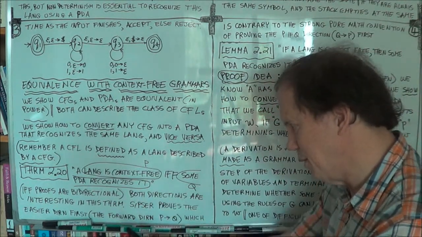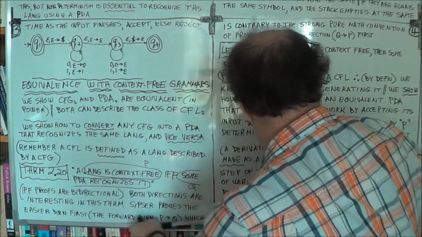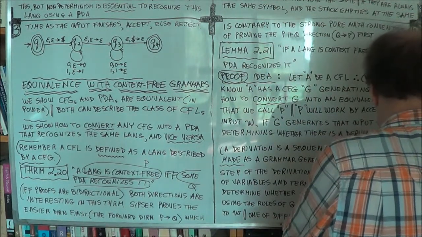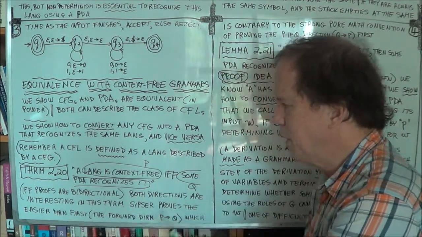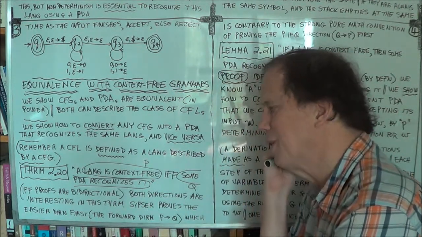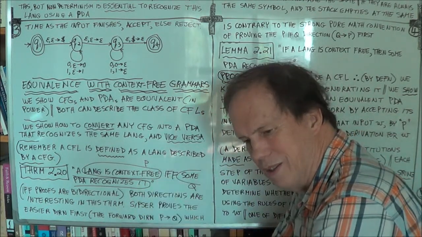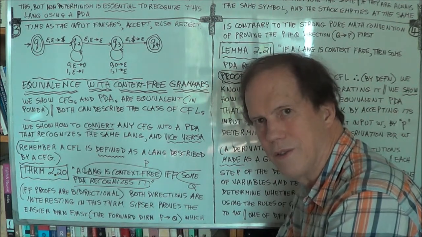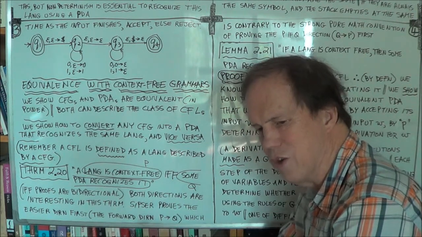Now, Sipser is going to prove the relatively easier direction first, which happens to contradict the pretty strong convention amongst pure mathematicians to prove the if case first. Mathematicians are so accustomed to that, if someone breaks it, it's annoying.